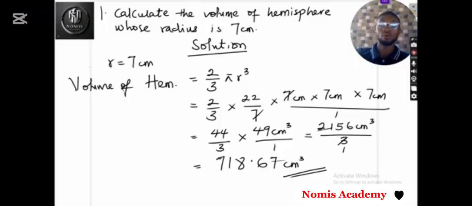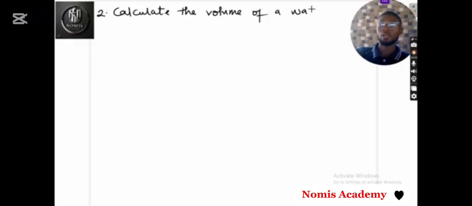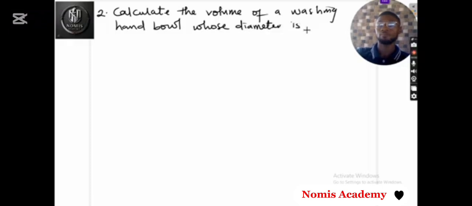Let's see question number 2. Question number 2 says, calculate the volume of a washing hand bowl whose diameter is 6 centimeter.